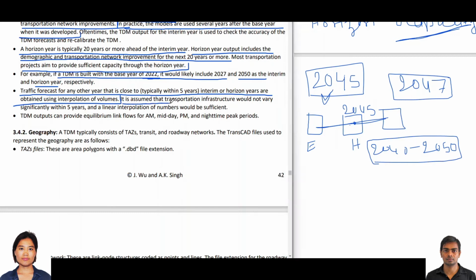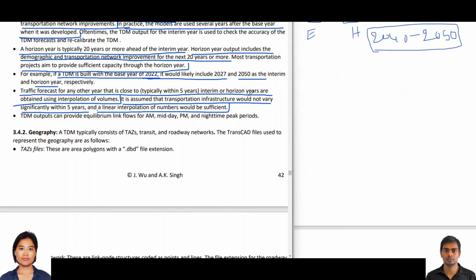So it is assumed that transportation infrastructure would not vary significantly in 5 years, and the travel demand pattern will remain the same, and everything will kind of remain the same. So a linear interpolation of numbers would be sufficient under the assumption that transportation infrastructure would not vary significantly. Also, along with transportation infrastructure, another assumption is the land use will remain similar within the 5 years of the horizon.